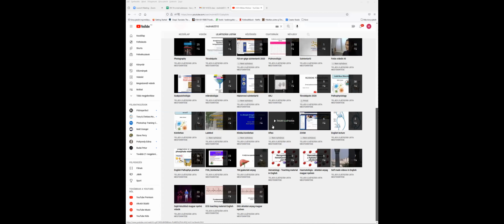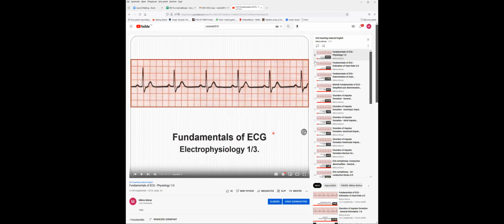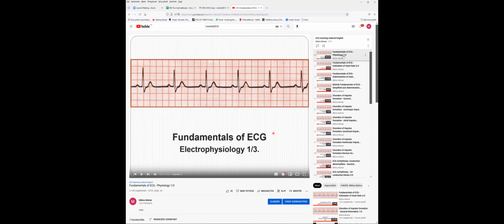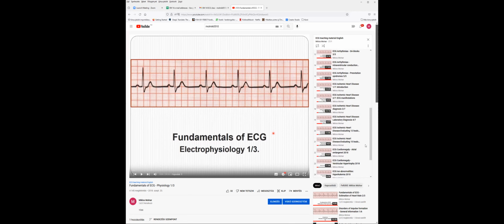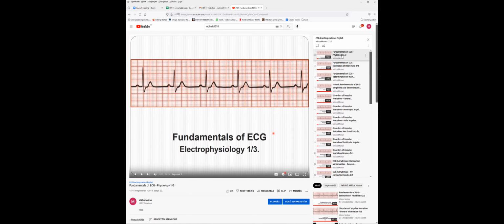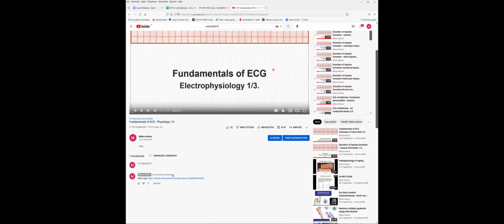Okay, so if you go there, you will see this is the teaching material. And here you do see the list of all teaching material. You will find it. So from the fundamental till the end of the conduction, that's before the next week. And if you go to the first part of the session, for example the first of the fundamentals, you will see this is the hard copy that you can download.